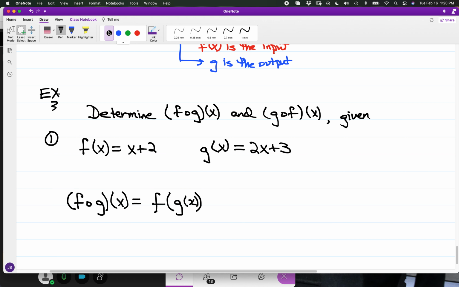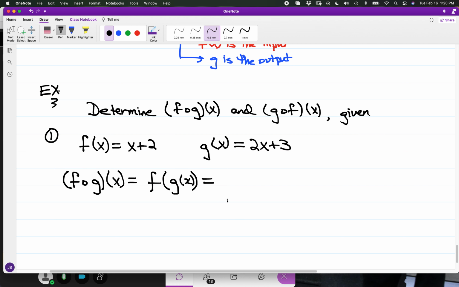Now for what we have here, I want to specify, you have f of g of x, and for g of x we have 2x plus 3, and the ways you can go about this, I've never taken this approach before, so you'll be the first class upon which I have mentioned this.